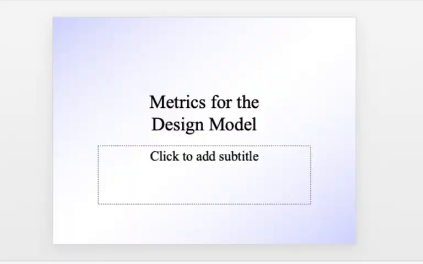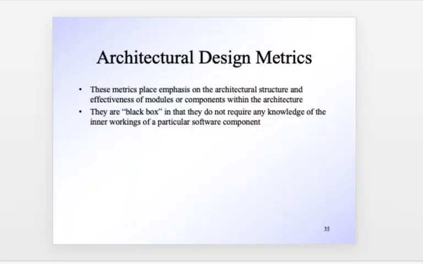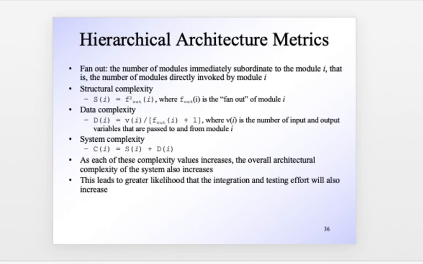So then going on into the metrics for the design model, we have the architectural design metrics. And they are black box because they do not require any knowledge of the inner workings of the software component. Then we have the hierarchical architecture metrics based on structural complexity, data complexity, and system complexity. So structural complexity has a very unique formula.